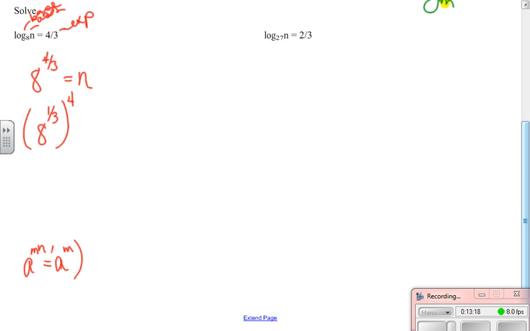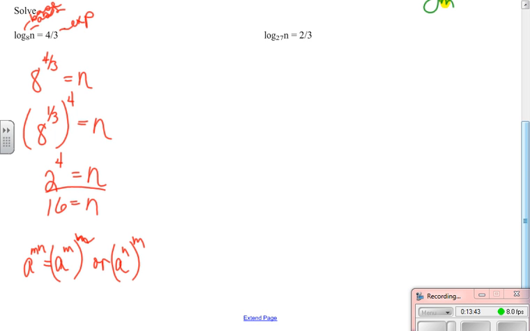I can either do it that way, or I can raise it to the n and then the m. I can split it, and it's going to be the same thing because with multiplication, the order doesn't matter. Now, it's much simpler to me because I know that the 1/3 power, the cube root of 8, is 2, to the 4th, and so I know that n is 16.